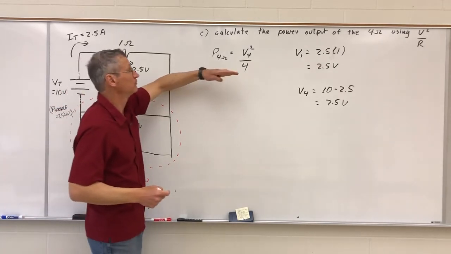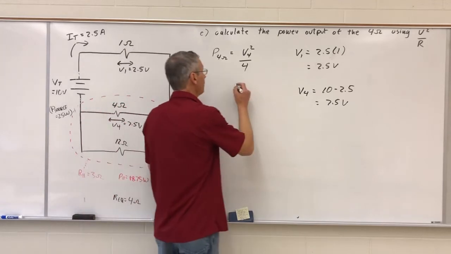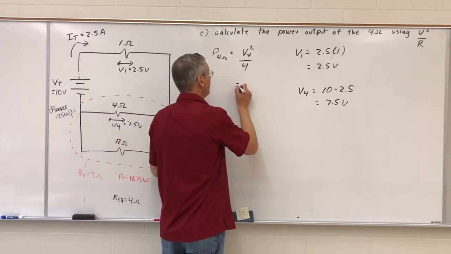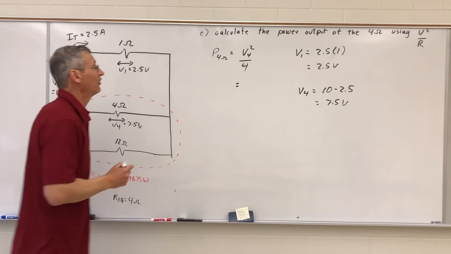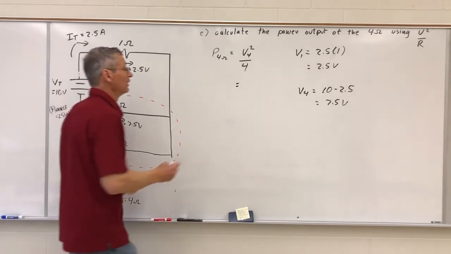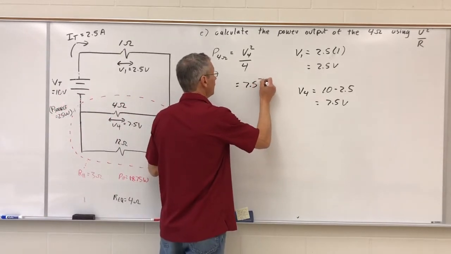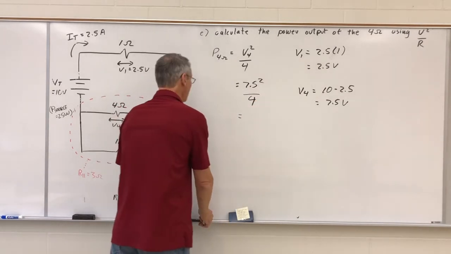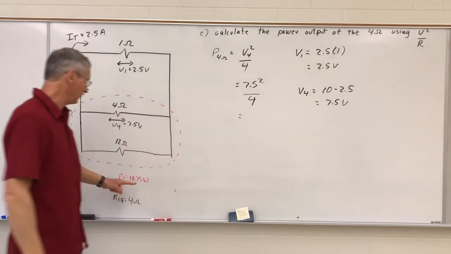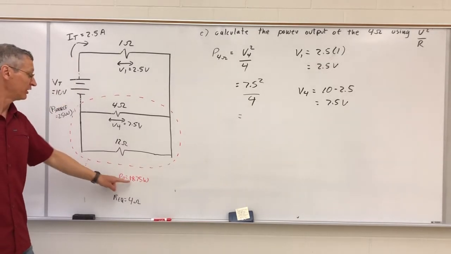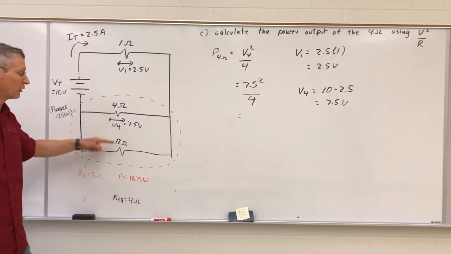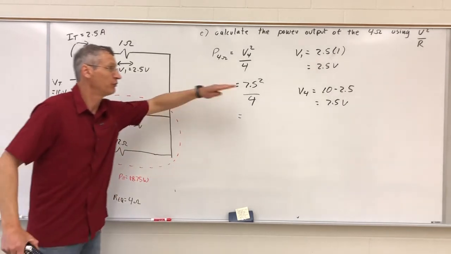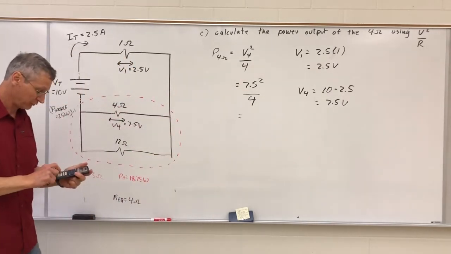And now the power of the 4 ohmer, well, that's a piece of cake. It's going to be 7.5 squared divided by 4, whatever that turns out to be. Better be less than 18.75, right? Remember, these 2 things together, their power together was 18.75, so this better be less than 18.75.